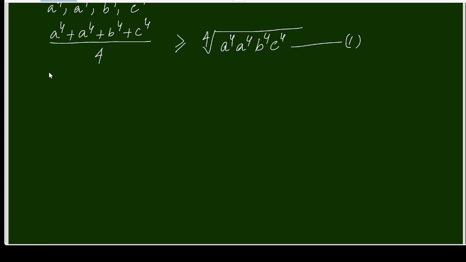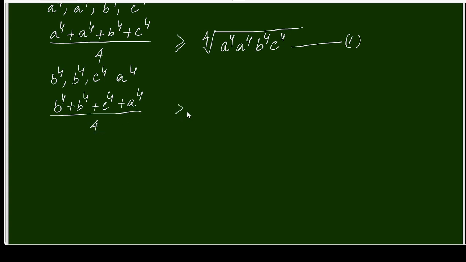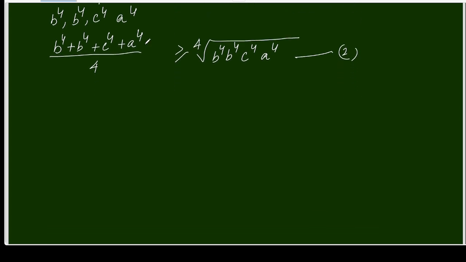Next I will take the numbers b^4, b^4, c^4 and a^4. There I will get (b^4 + b^4 + c^4 + a^4) divided by 4, the arithmetic mean, is greater than or equal to their geometric mean, the fourth root of b^4 b^4 c^4 a^4. This is my inequality 2. Next, what is left?